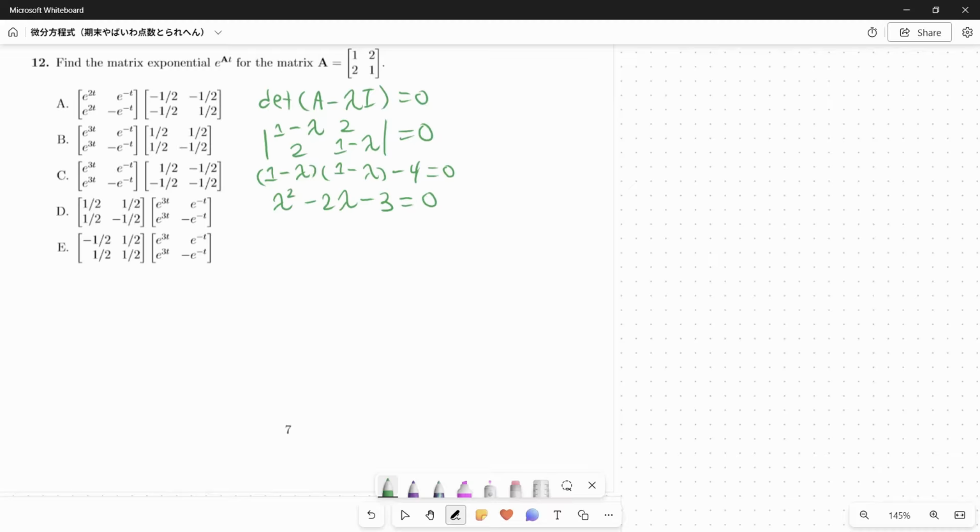This quadratic expression is pretty easily factorable, so you end up with lambda plus 1 times lambda minus 3 is equal to 0, giving us lambda values equal to -1 and 3. These are going to be our eigenvalues for this matrix.